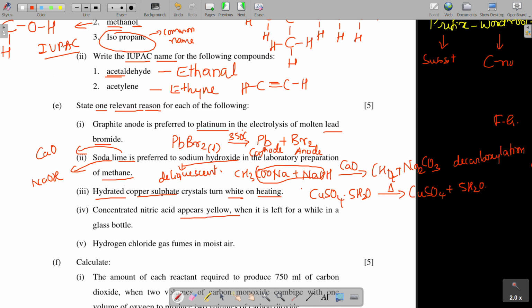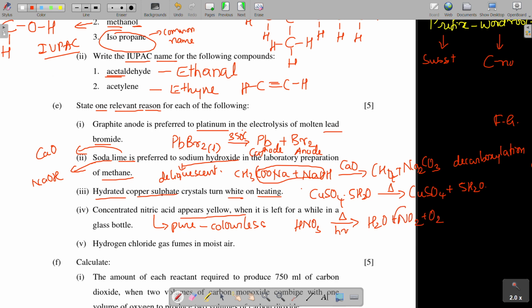Concentrated nitric acid appears yellow when it is left for a while in a glass bottle. Pure nitric acid is always colorless. But when you leave it for some time, HNO3, concentrated nitric acid, in the presence of some temperature or even light, will decompose into water, NO2 and O2.